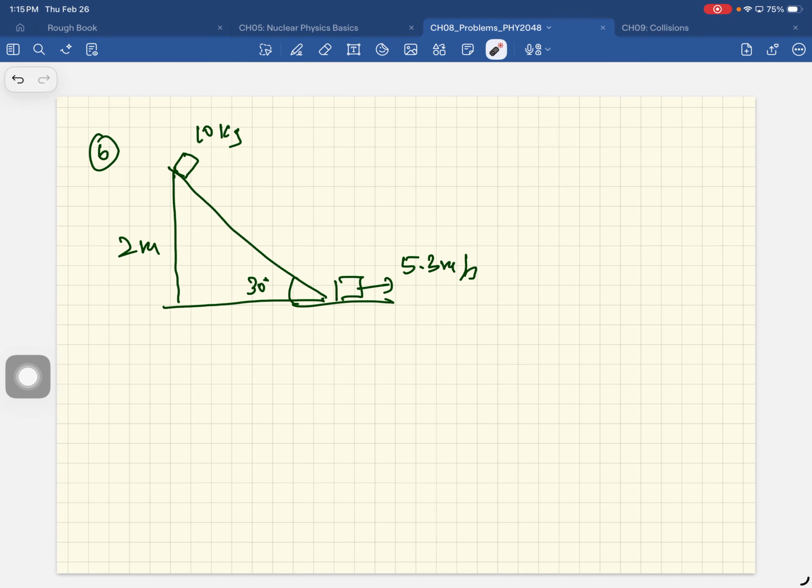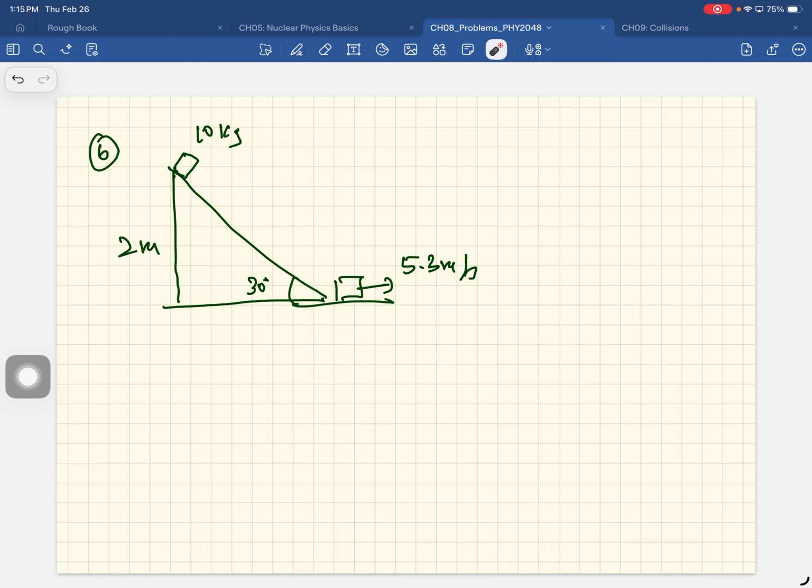As this object slides down this incline, there's friction acting, and what other forces are acting? Gravity. What kind of force is gravity? Conservative. So the work done by gravity can be taken into account by the change in the gravitational potential energy.